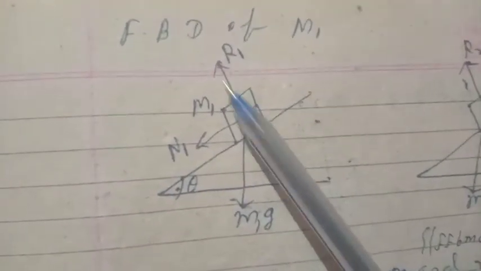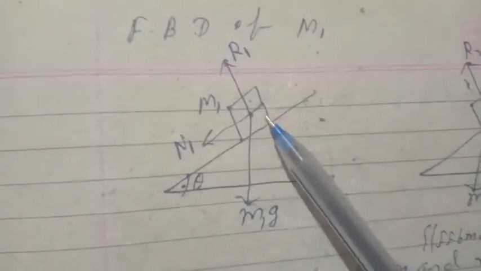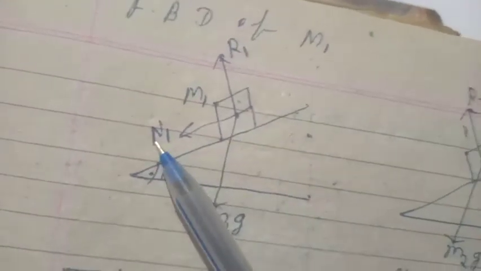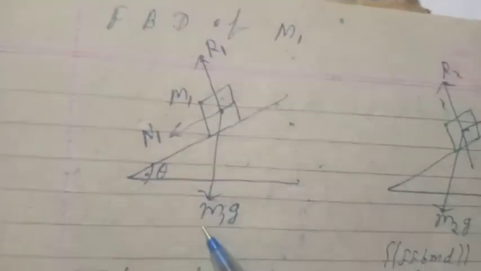Here the situation is shown. If this body is of mass m1, and we consider the mass of this body as m2, then if we draw the FBD, that is the free body diagram, the normal reaction due to the inclined plane is in this direction, perpendicular to the plane surface, and the normal reaction due to this body is in this direction, which we have written as n1, and the weight will be acting vertically downward, so here m1g represents the weight.